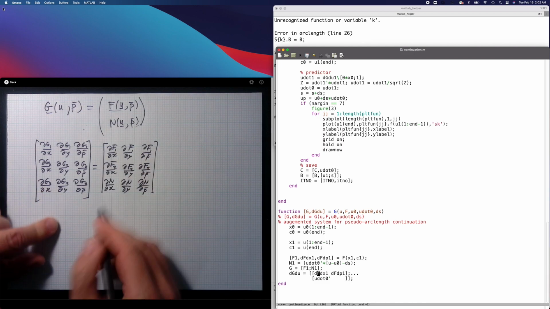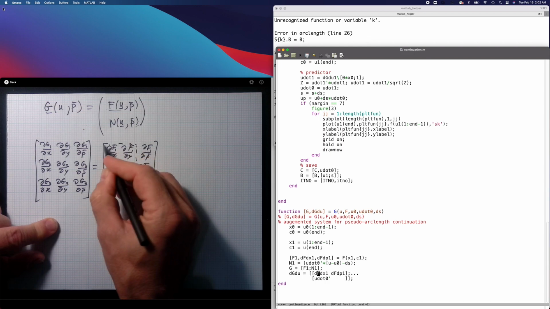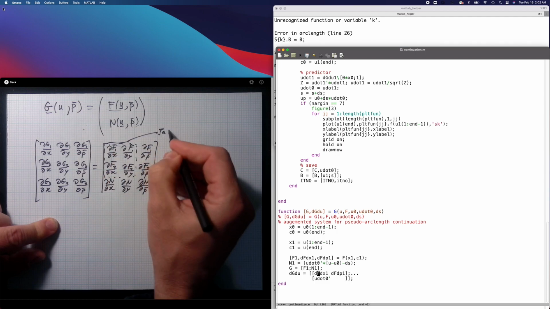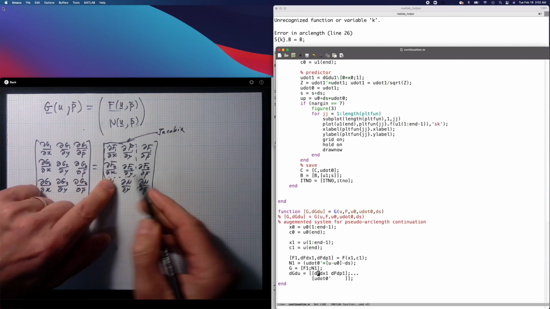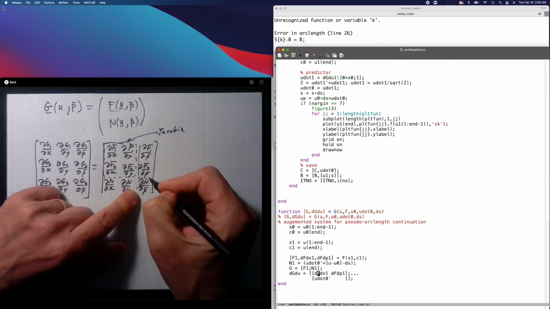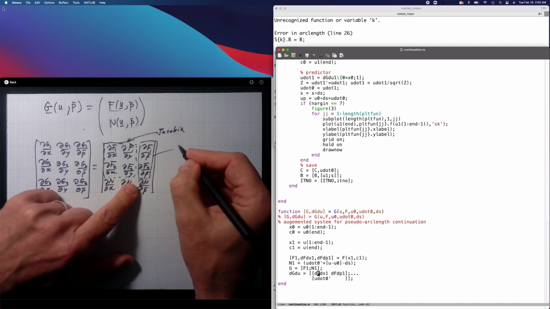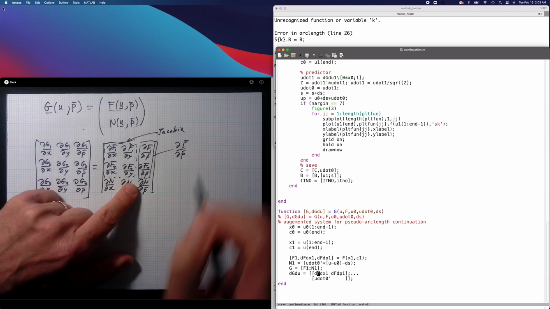And inside of here you'll recognize that this block is the Jacobian matrix of partial derivatives of our system. This column over here is just the derivative of F with respect to the parameter, dF dp bar.